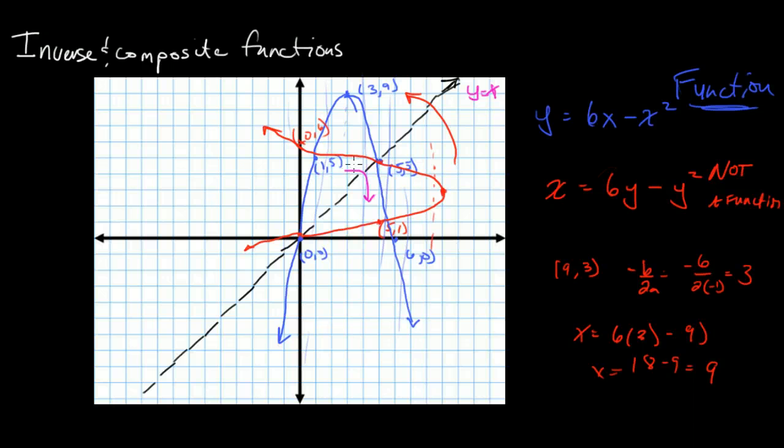The blue one as a function, unfortunately, is not a one-to-one function. Meaning, if I were to do a horizontal line test, notice that I would cross my function twice.